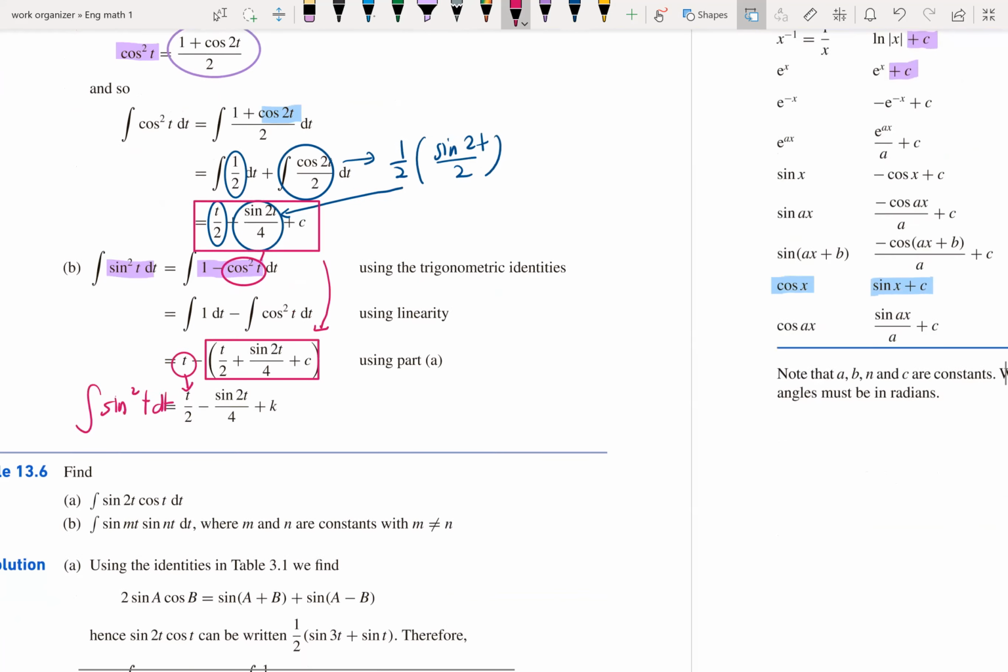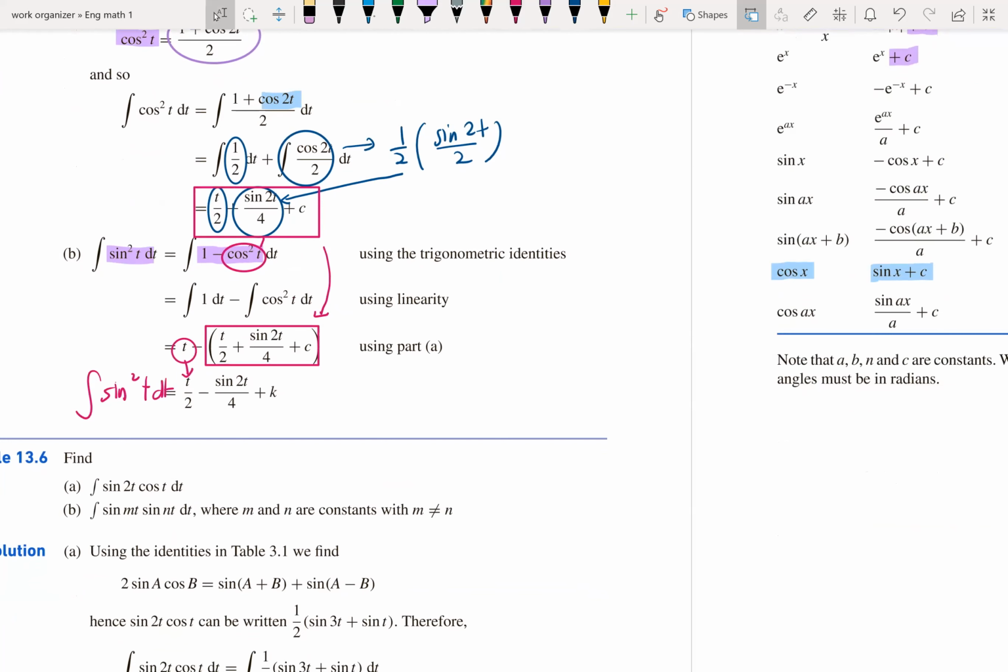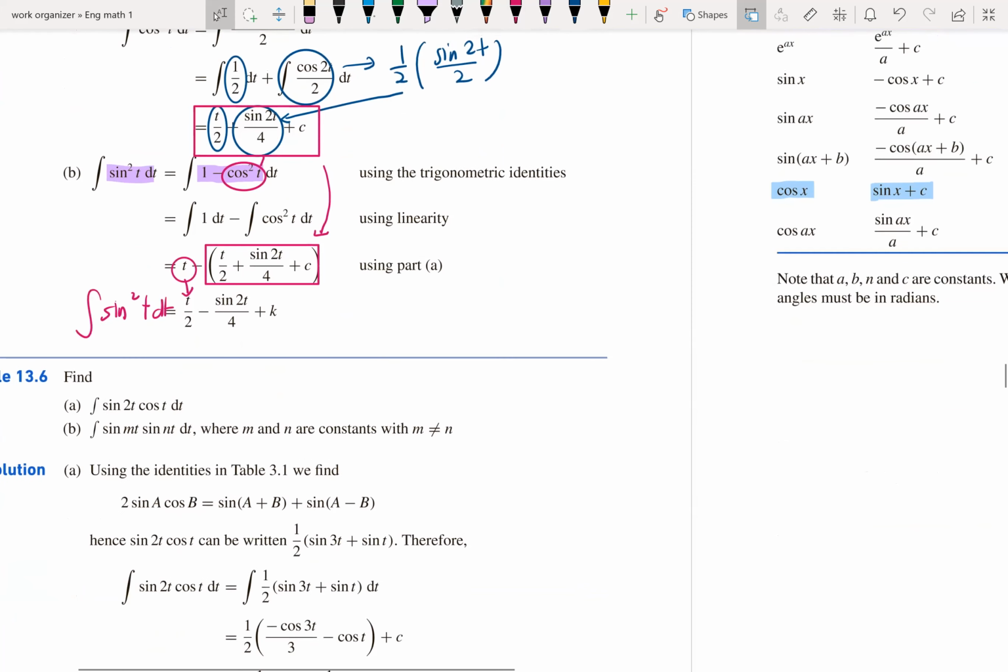Let's do another example. We have to find the integration of sin 2t cos t. Again, we have to use the identities in table 3.1.